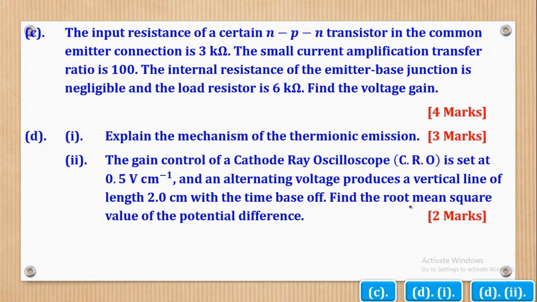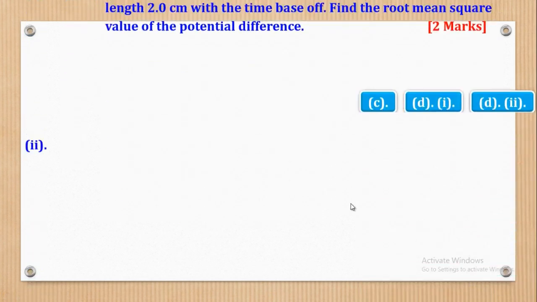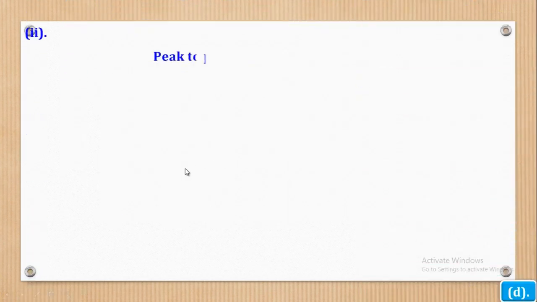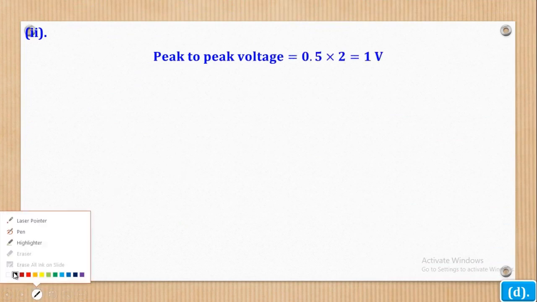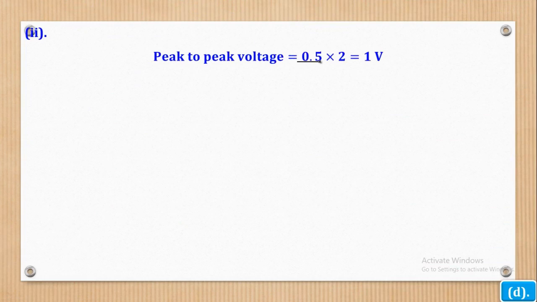So they want VRMS. First of all, peak to peak will be given by the PD per centimeter multiplied by the length, which gives you 1 volt.